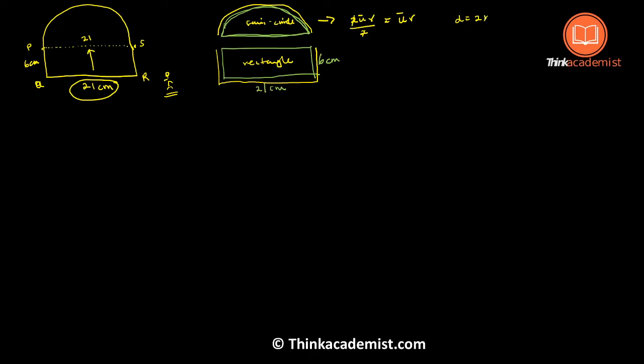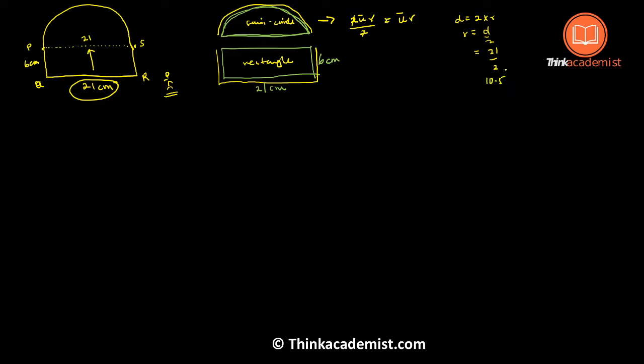To find the radius using the diameter, radius is diameter over 2. So we have 21 divided by 2, and that's going to give us a decimal, which is 10.5.